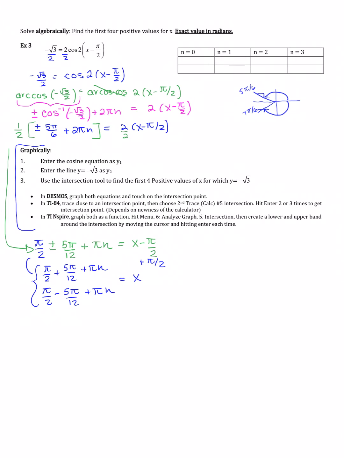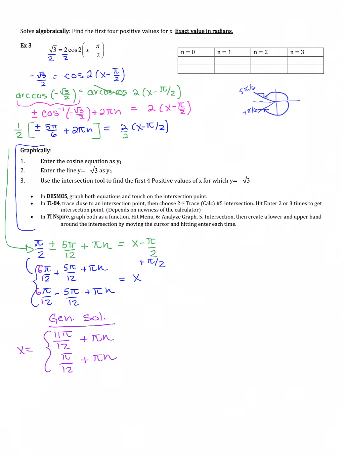So I need a common denominator, so this would be like 6 pi over 12. So my general solution, 6 plus 5 is 11 pi over 12 plus pi n, and pi over 12 plus pi n. That would be your general solution.